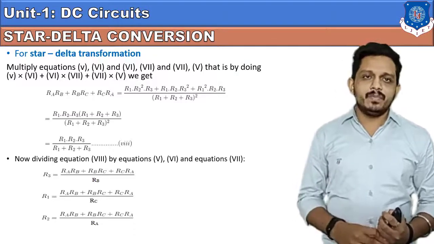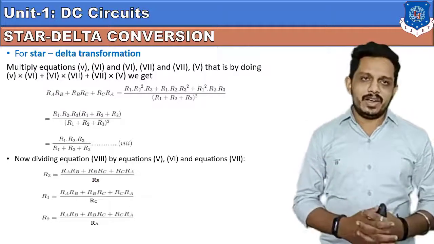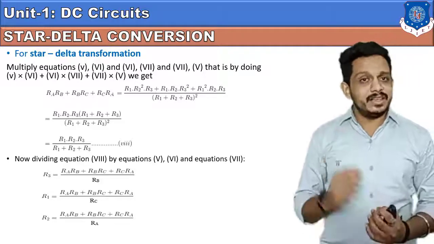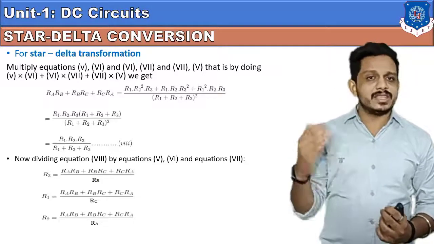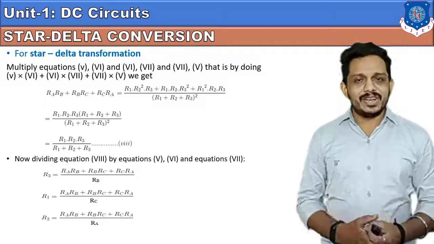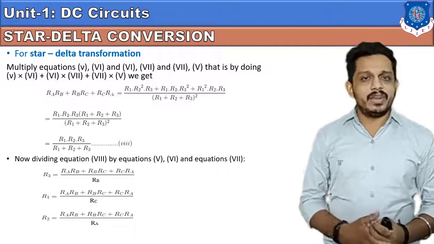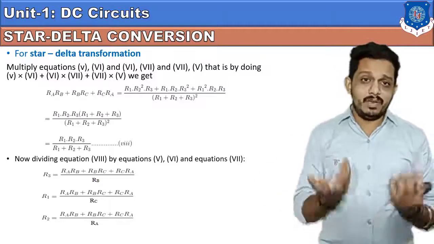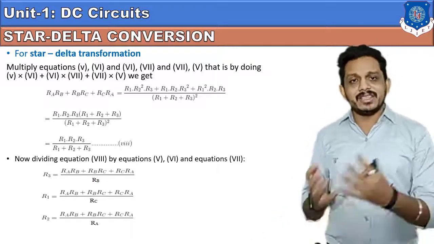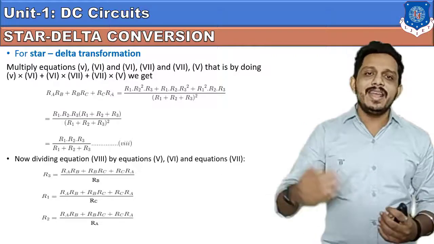R1 is equal to the same numerator divided by RC, and R2 is equal to the same numerator divided by the remaining one. These equations are nothing but the star to delta transformation. In the case of delta, it was R1, R2 and R3, we wanted to find the values of R1, R2 and R3, and in this case, you got these values in terms of the star connection, that is RA, RB and RC.